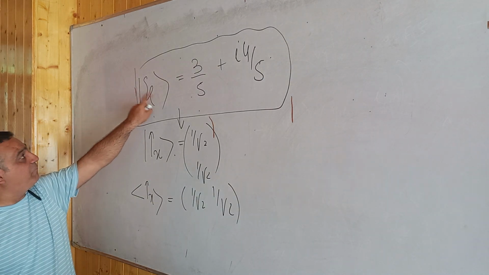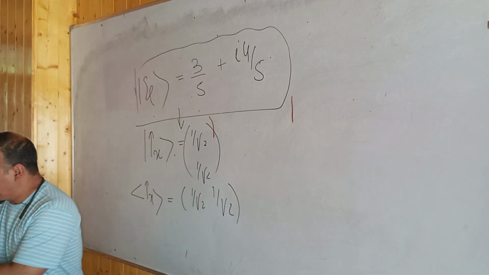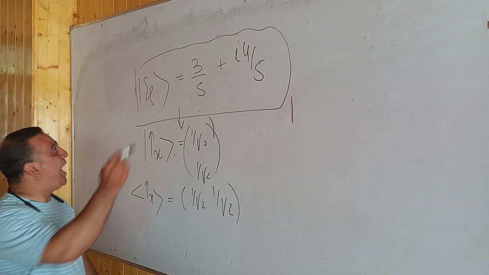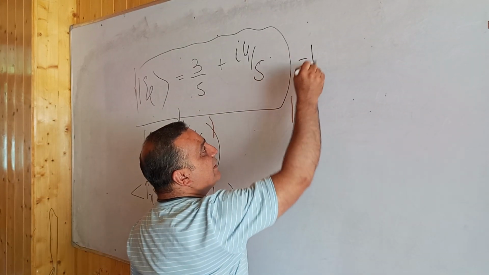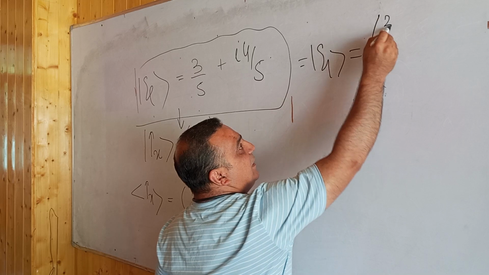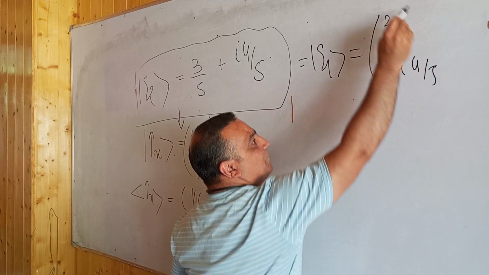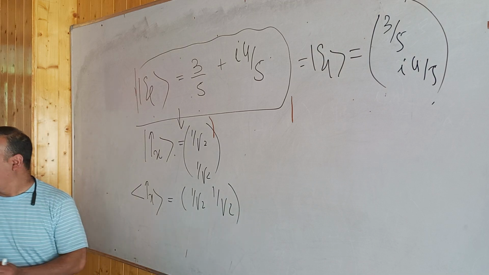Now, what will be the ket of this zeta? It will be a column vector. So I can write this zeta as the column vector of 3 by 5 and i 4 by 5. Are you getting it? Okay?